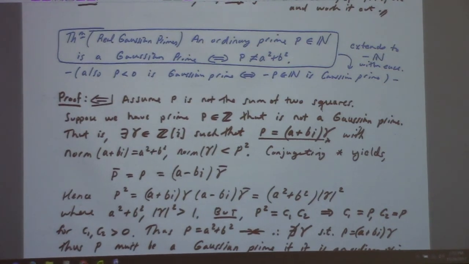If p is equal to a sum of squares, that means that a plus ib times a minus ib gives us a squared plus b squared. And a plus ib and a minus ib are Gaussian integers which factor p in that case. And consequently, p is not prime in the Gaussian integers. So that's an interesting interplay between primes and sums of squares again.